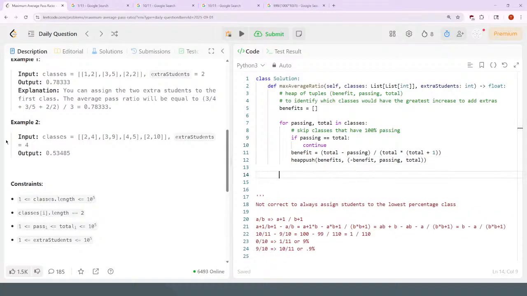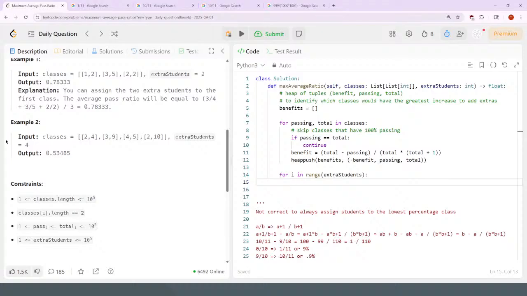And then for i in range of the extra students, take the highest benefit off the heap. I don't care about the actual benefit right now.